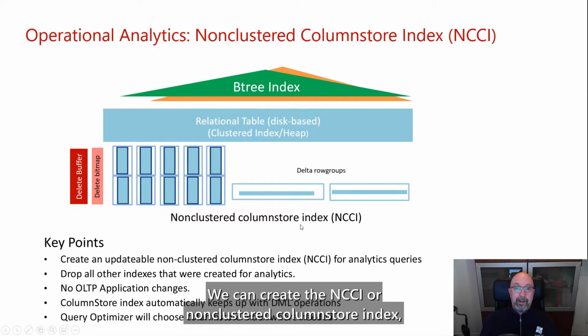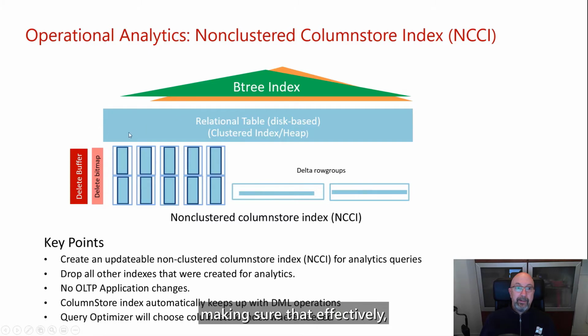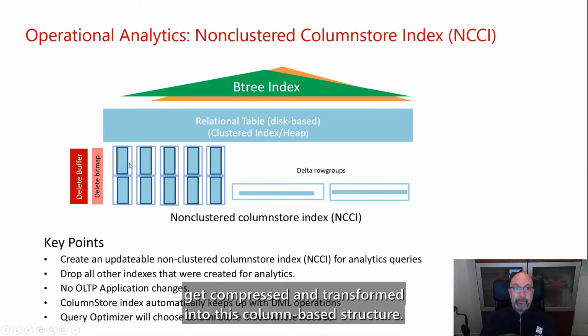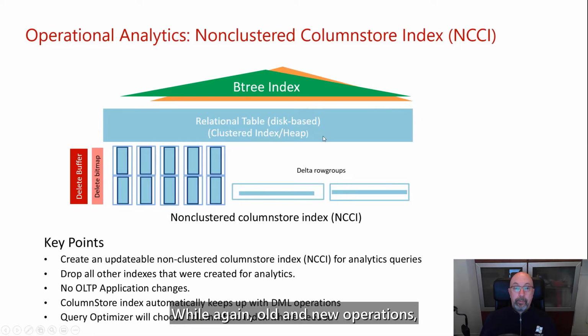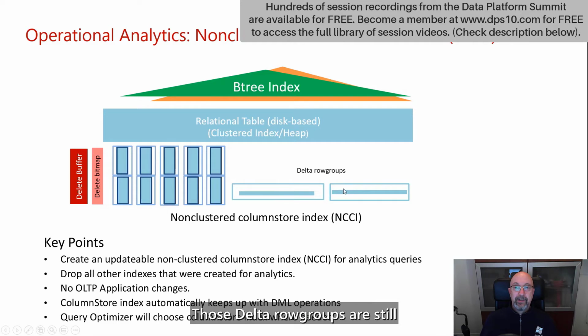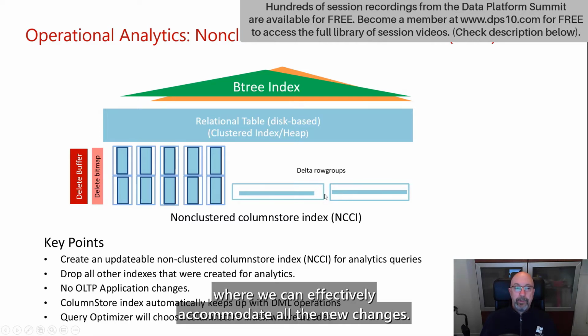We can create an NCCI, a non-clustered column store index, making sure that effectively only the more steady and stable portion of our tables will get compressed and transformed into this column-based structure, while all the new operations, new insertions and so on are effectively happening in what is called delta row groups. Those delta row groups are still row-based portions of our table, where we can effectively accommodate all the new changes.